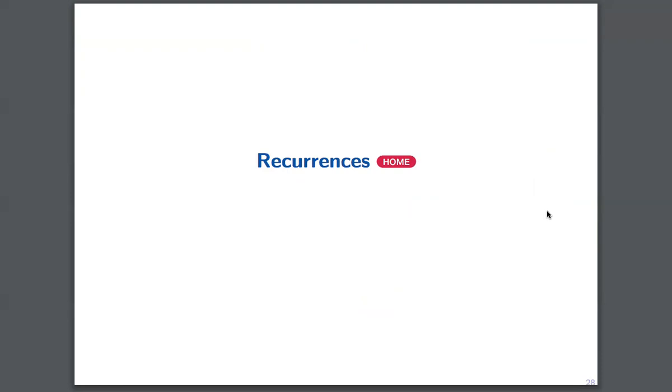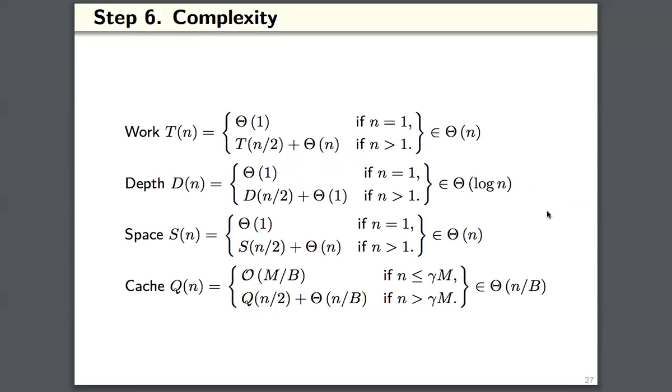We completed 2 problems. We went in depth into those, and we saw recurrences everywhere. Work complexity is a recurrence, depth complexity is a recurrence, space complexity is a recurrence, cache complexity is a recurrence. So almost everything is a recurrence here. What about decrease and conquer? We saw recurrences there also.